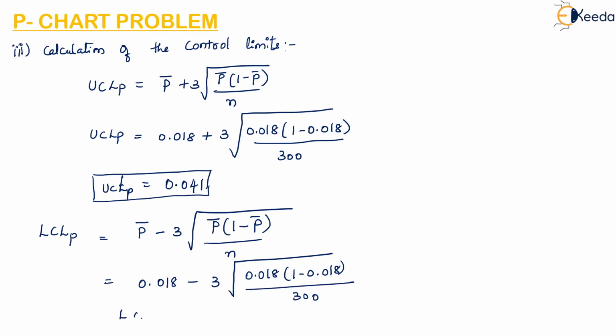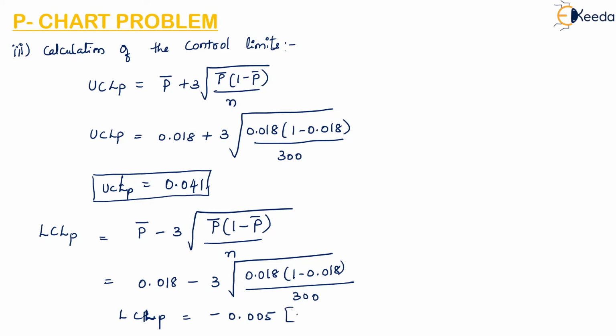So the lower control limit for P value is minus 0.005. So there is no meaning in negative defective. Hence, we will take this as 0. That is the lower control limit, we will take it as 0.